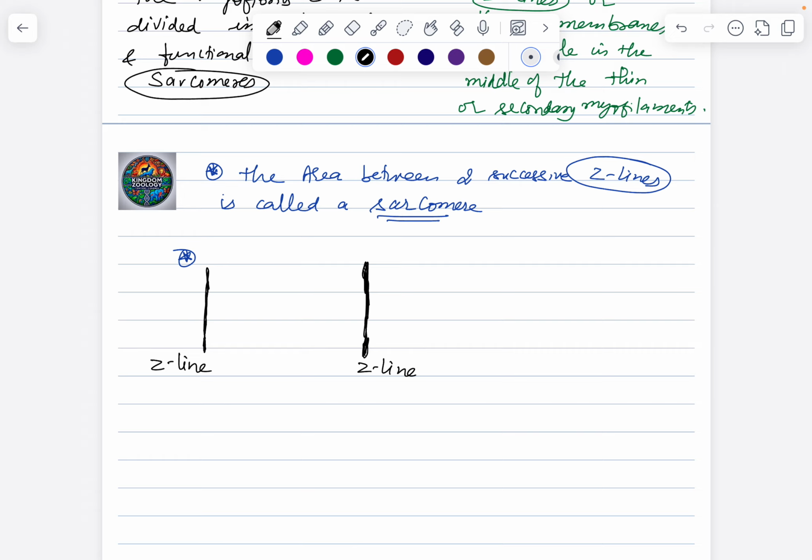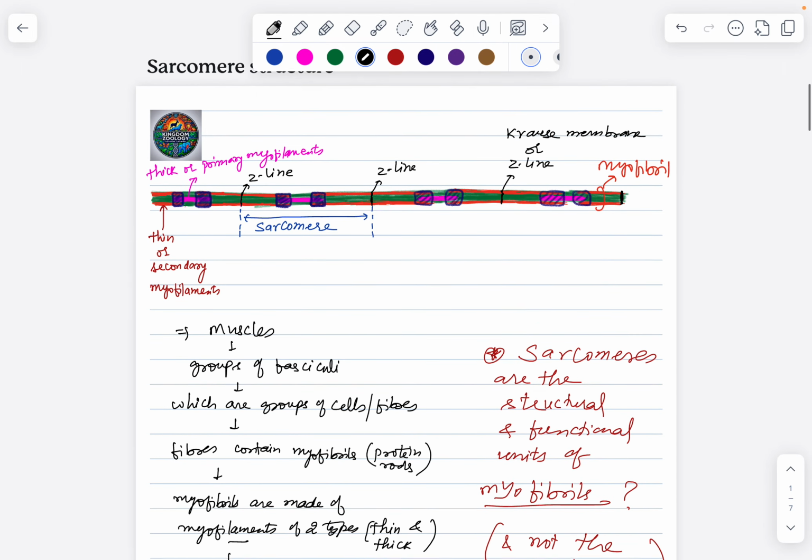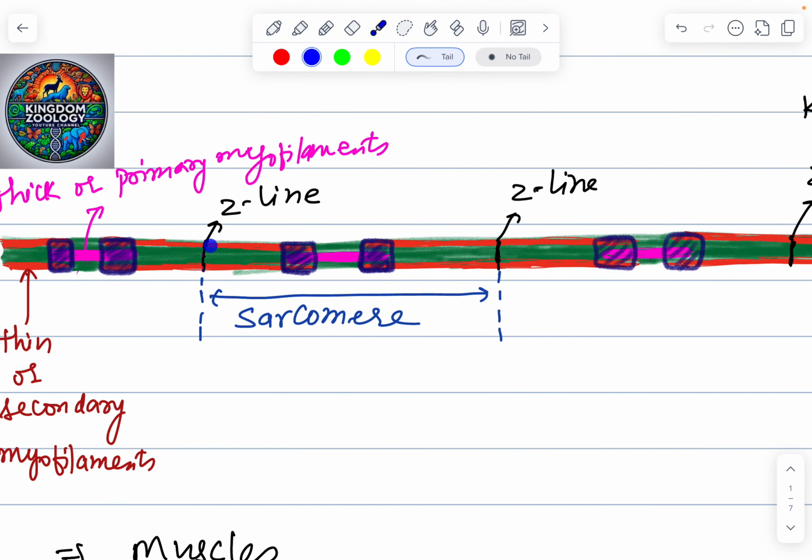Between two successive Z lines, what is there? A sarcomere. Now if you look at the upper picture, you will be able to understand what we need to draw between Z lines. Here secondary myofilaments, here again secondary myofilaments, and in between them there is the primary myofilament.